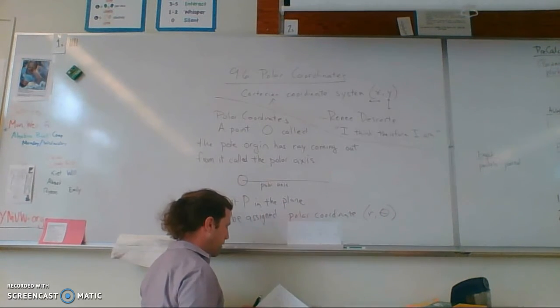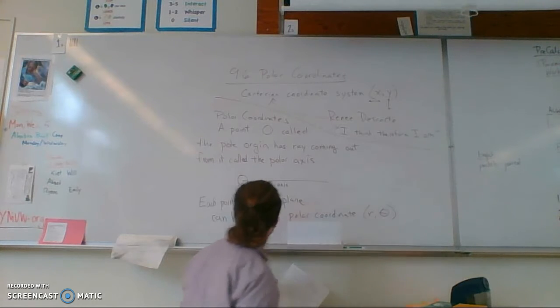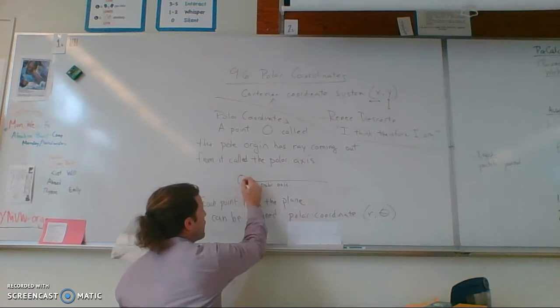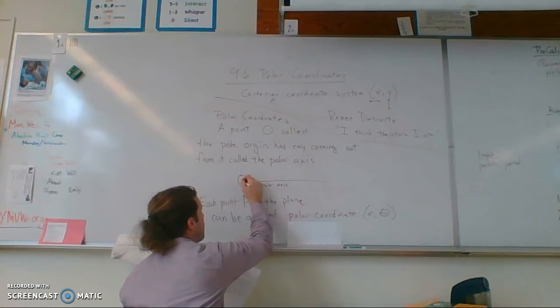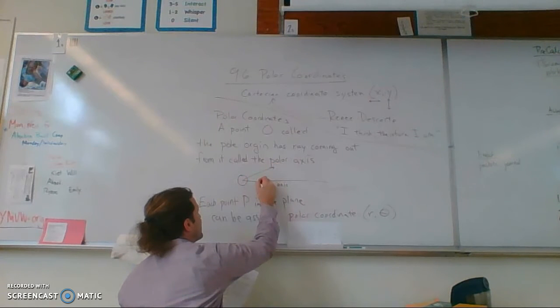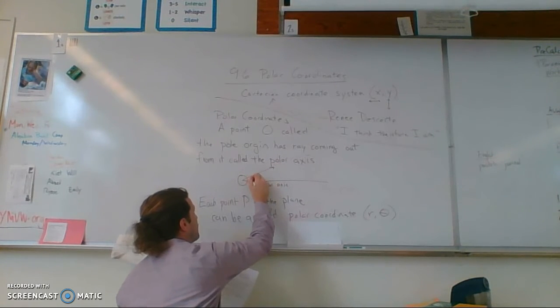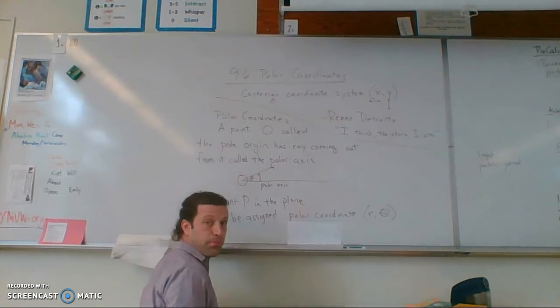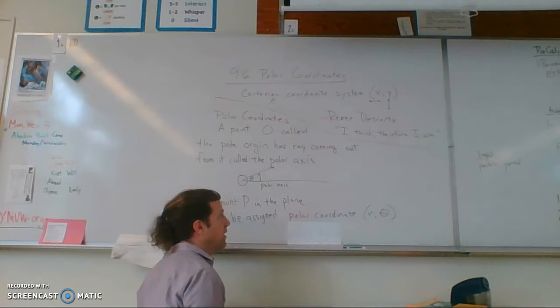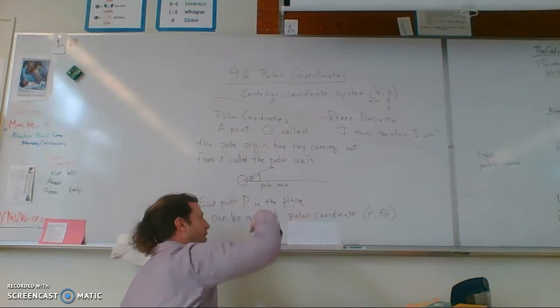So instead of going x, y, we start and we go radius and then theta. So it's how far are we from the point P origin, and then what's the angle.